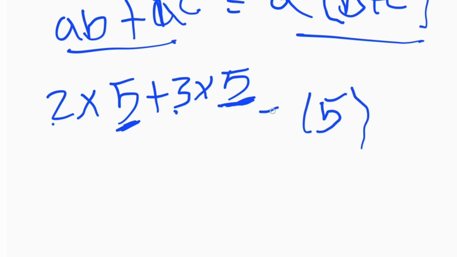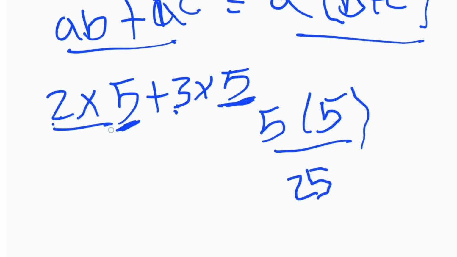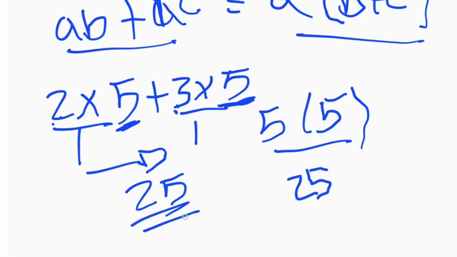The sum of 3 and 2 is simply 5, and 5 times 5 is 25. Here we have 10, here we have 15, so the sum of these is 25 once again. So the distributive property is just rewriting the equation in a much simpler way.